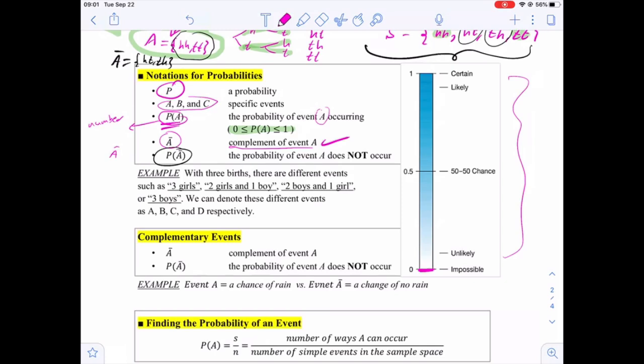So the probability of getting a number greater than 6 is 0, and that's called an impossible event. What is the probability of getting a number from 1 to 6? It's 100%. When you roll a die, you are 100% sure that you will get a number from 1 to 6, and that's called a certain event.